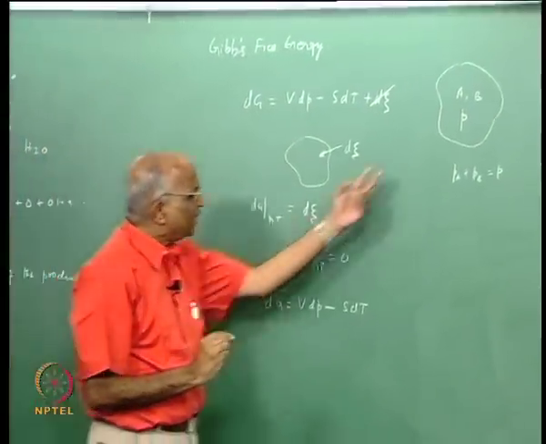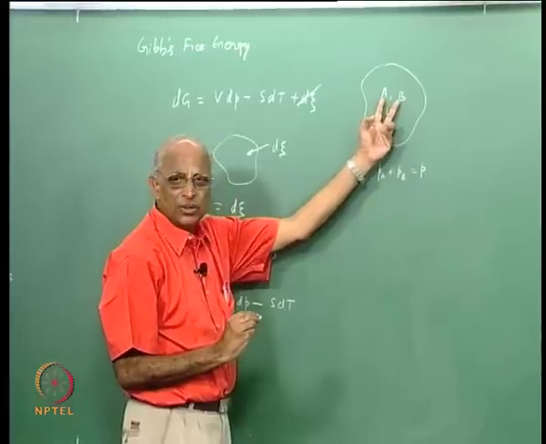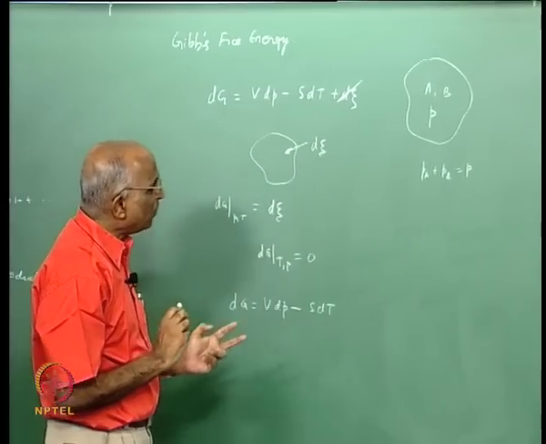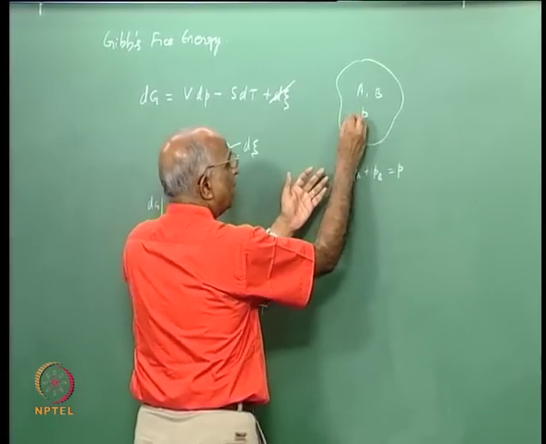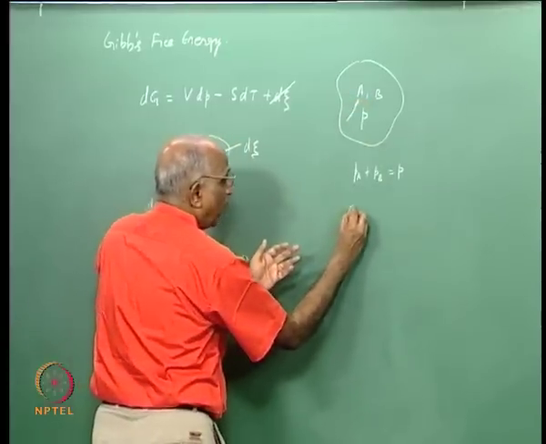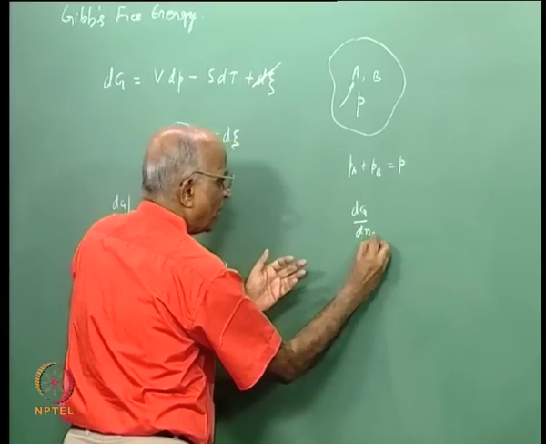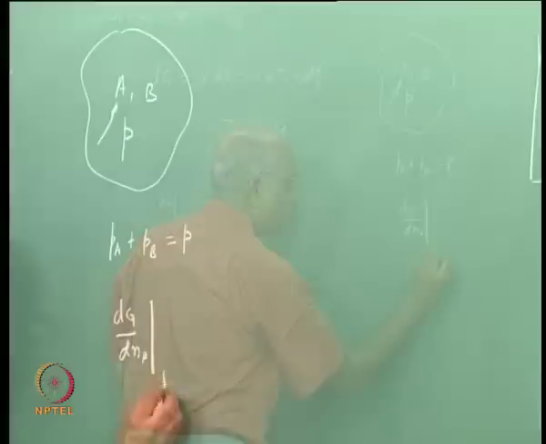Now as I heat the gases, I expect some increase in A and B depending on their equilibrium. I have still not defined equilibrium, mind you, and therefore now I say when I have a two component gas, the moment I put more of A, what am I going to do? I am going to change the value of dG by the number of moles of A I am putting, keeping B constant.